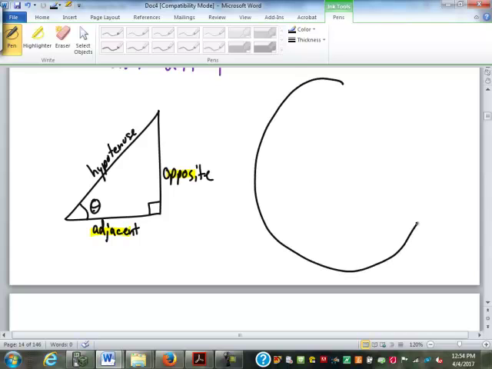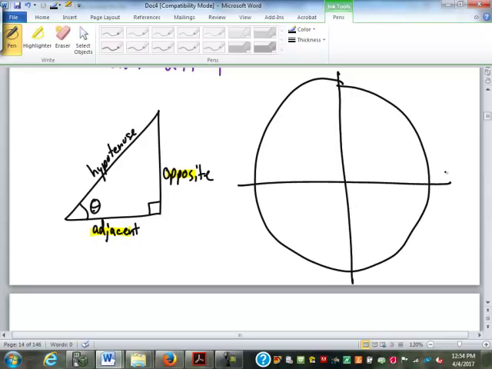Putting our unit circle up here next to this triangle. If I put this angle theta right here, which is the same as this angle theta, I draw in my sine to complete the right triangle.